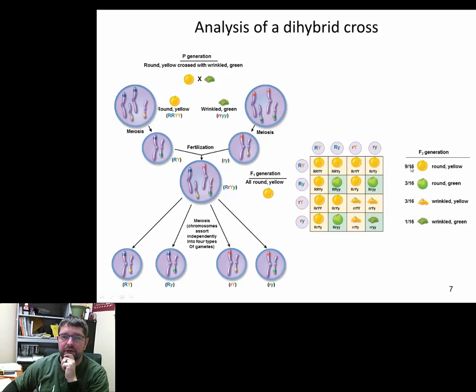Okay? And what this amounts to is about 56% or so will be dominant for both characters. 18% will be dominant for one, and 18% will be dominant for the other, and then about 6% will be recessive for both characters. So it's not that you would actually produce 16 offspring necessarily. Maybe some organisms that you would do this with would, but it would just give you the probability of, if you're producing one offspring, you would have a 56% chance that it would be yellow and round.